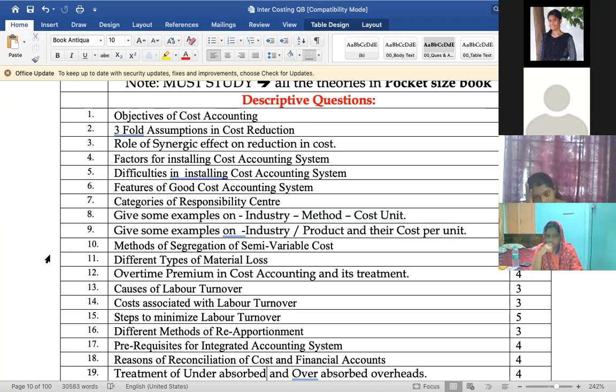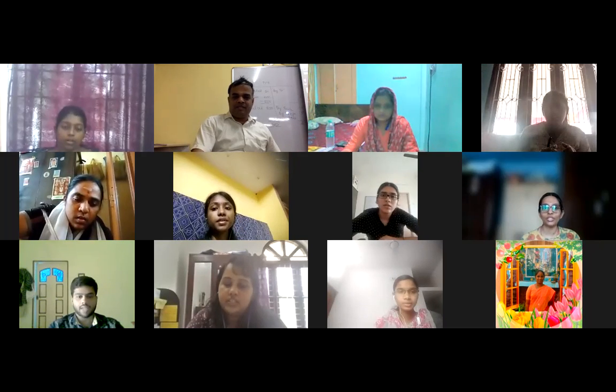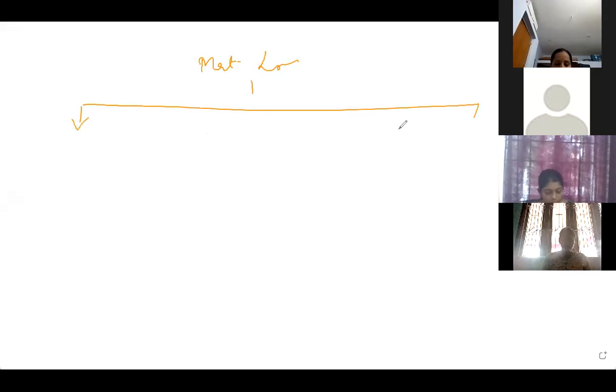Then, different types of material losses. Two types. Spoilage and defect. Scrap, spoilage, wastage. Refer to the page number. Material loss is segregated into 2 parts.